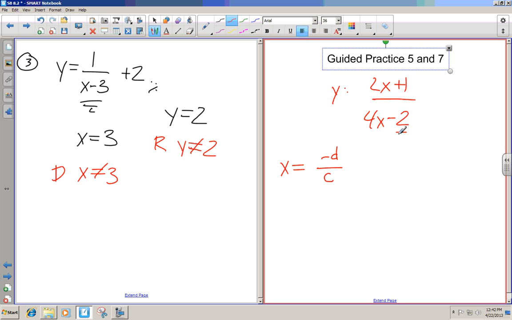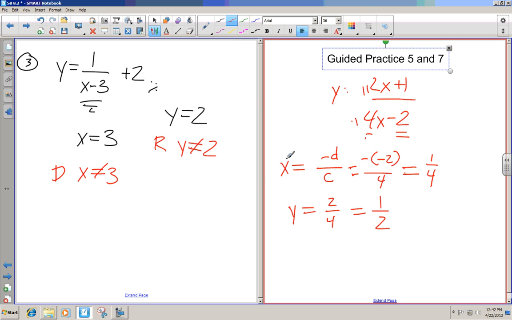So it's this divided by that. So negative 2 divided by 4. So the x asymptote is 1/4. The y asymptote is this number divided by that number, which is 1/2.